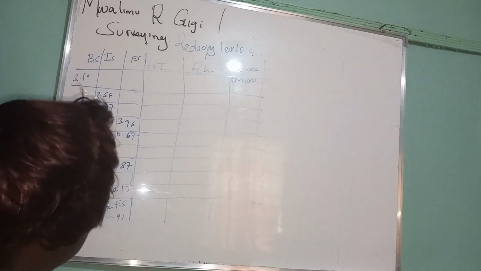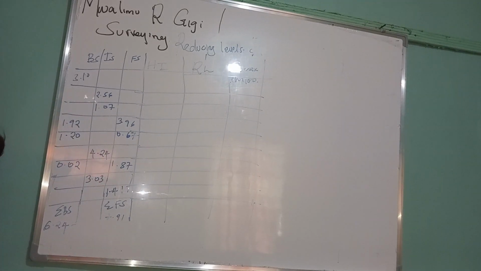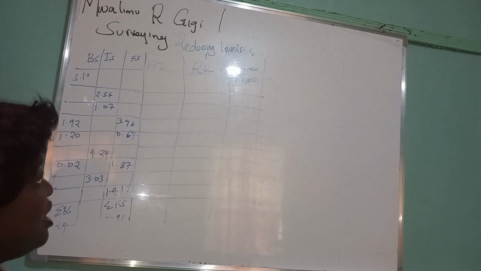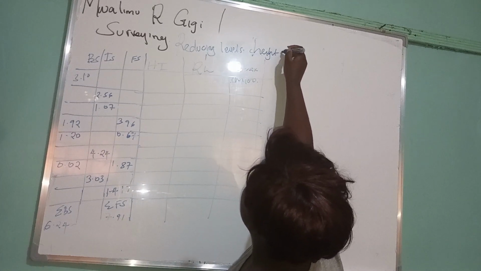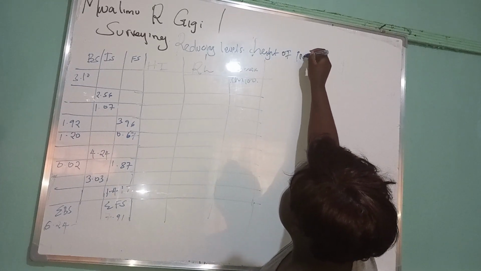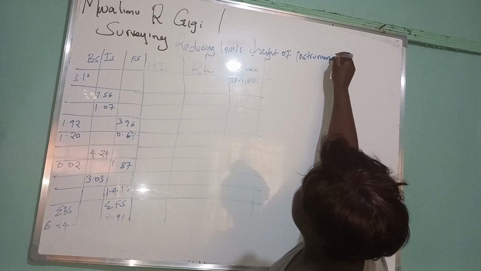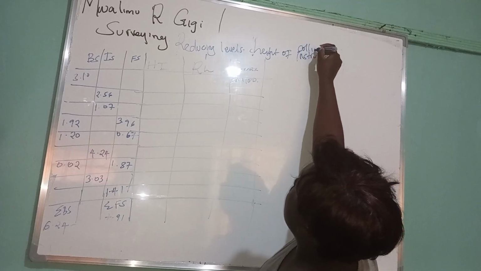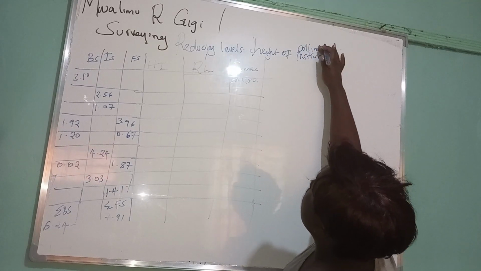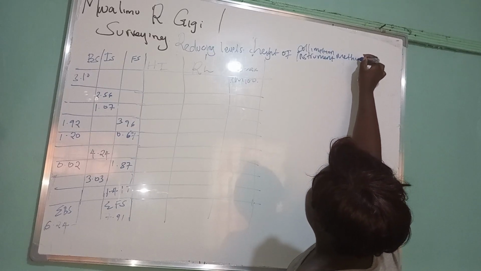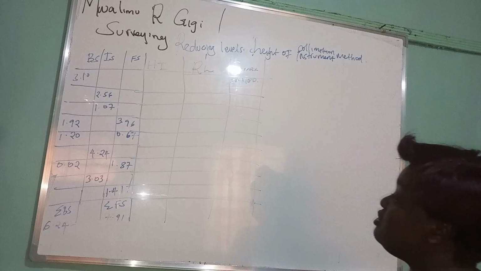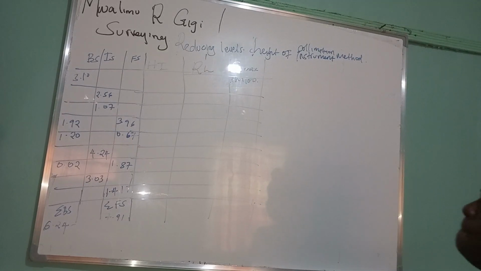So we want to reduce these levels using the height of instrument, or height of collimation.